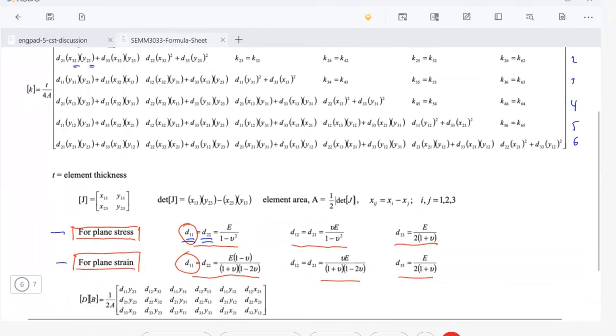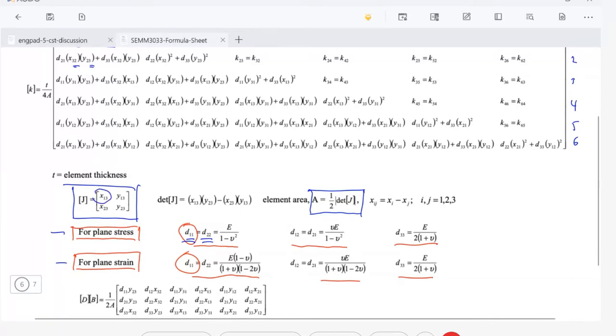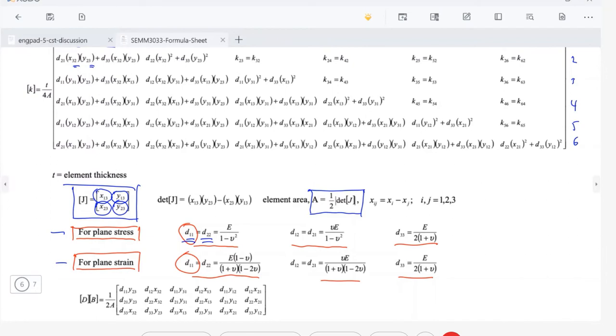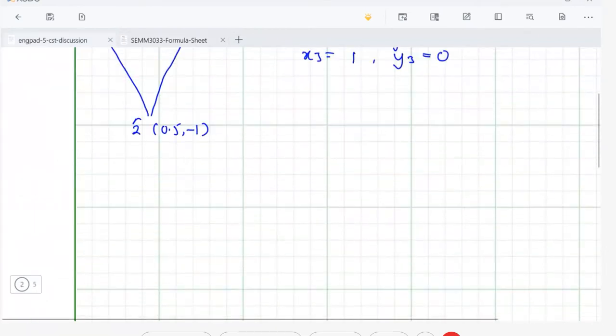We need this J because we need to calculate the area of the CST. So we need to find what is J here. For J, it requires X13, X23, Y13, and Y23. I think I mentioned this in my video, but just in case you haven't watched my video, let's talk about this.